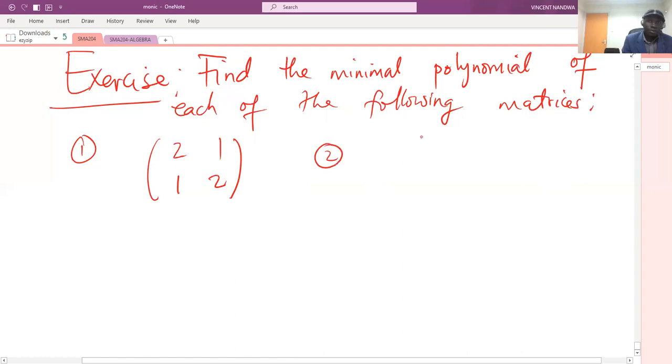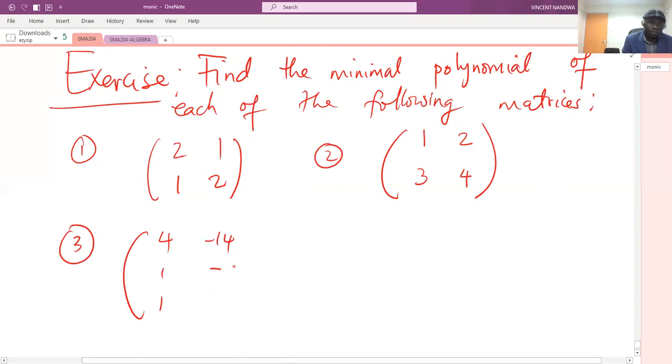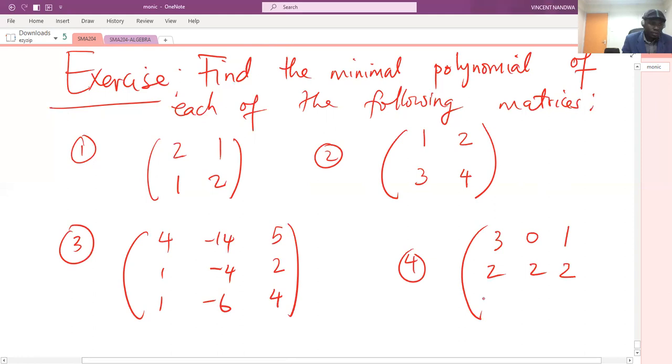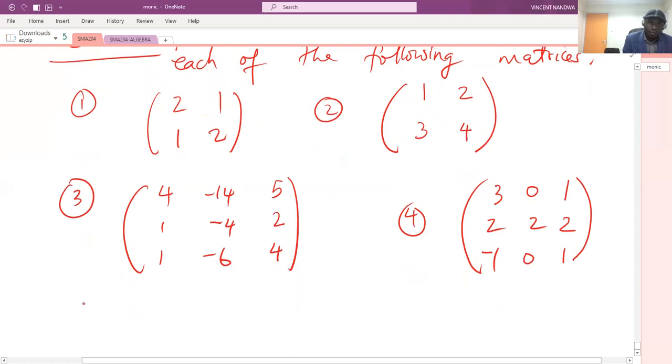Number 2, 1, 2, 3, 4. Number 3, 4, 1, 1, minus 14, minus 4, minus 6, 5, 2, 4. Number 4, 3, 0, 1, 2, 2, 2, minus 1, 0, 1. Number 5, 2, 2, minus 5, 3, 5, minus 15, 1, 2, minus 4.